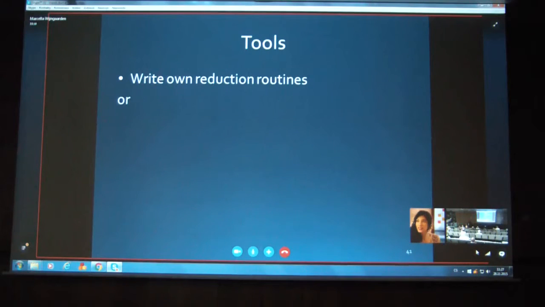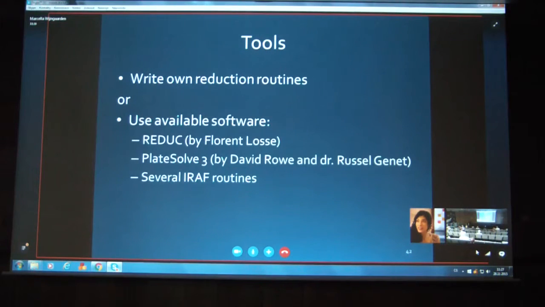So, of course, you can write your own reduction routines based on the theory, but I would want to mention here that there's very good software available, very easy to use, and also free. For example, Reduc by Florent Losse, there's PlateSolve 3 that is slightly more professional, and there are several Python routines.